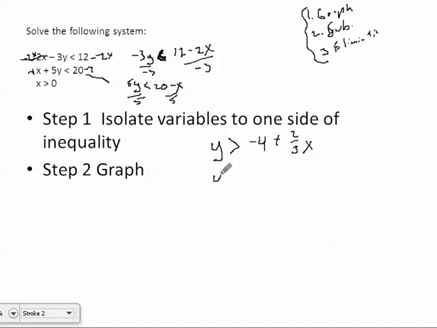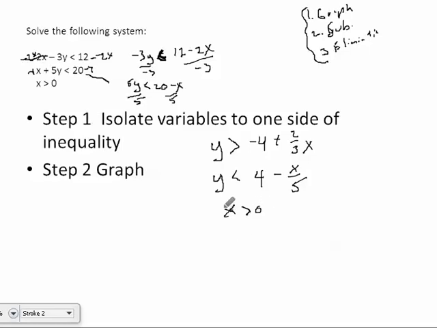And I'll have y less than 20 divided by 5, which is 4, and then minus x over 5. And then I've got this one little thing down here: x is greater than 0.